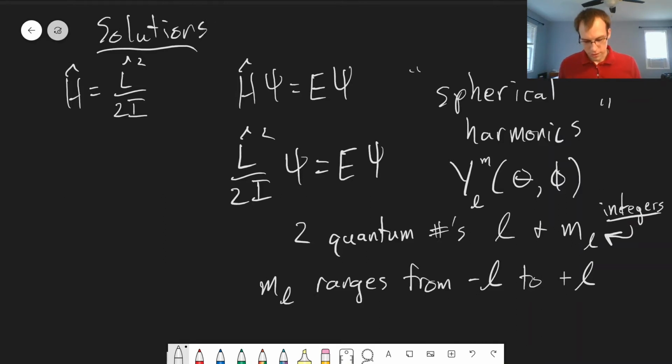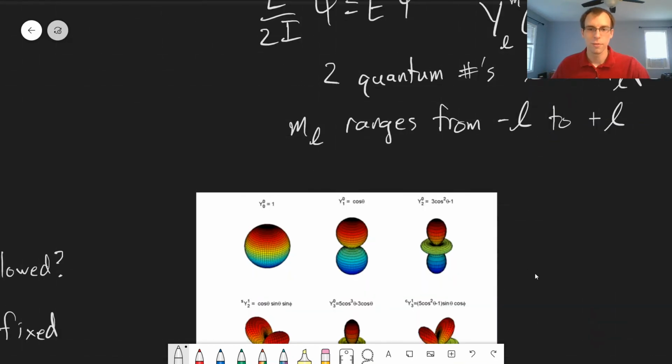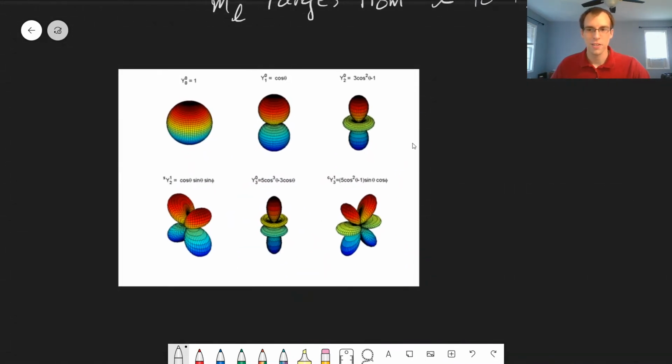Okay, and so this set of spherical harmonics, I've got a plot down here of what they look like. These may look familiar. These are the different L and m values. Y_0^0 here is the most basic spherical harmonic. I'll color it in green. This looks like just a sphere.